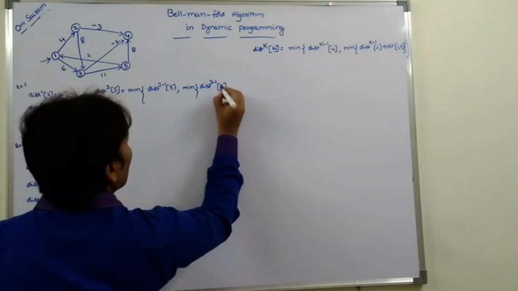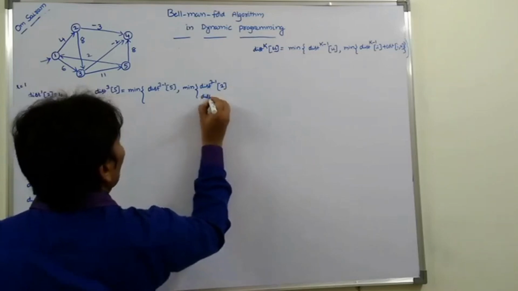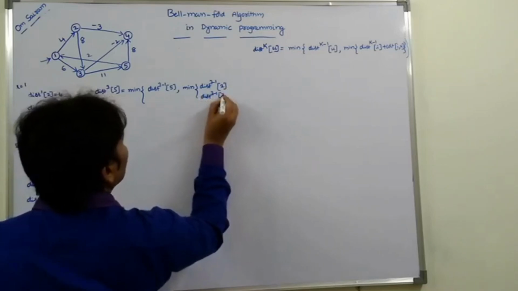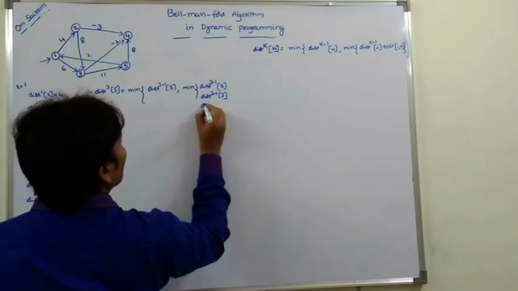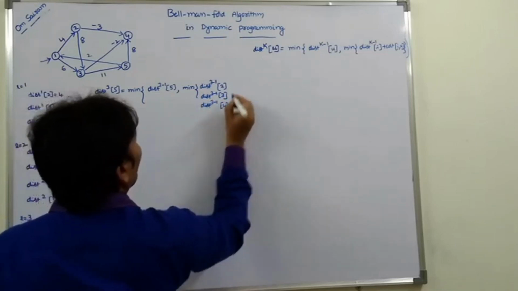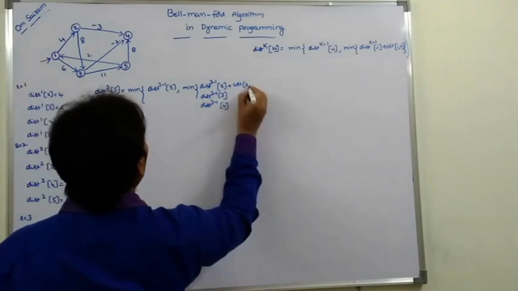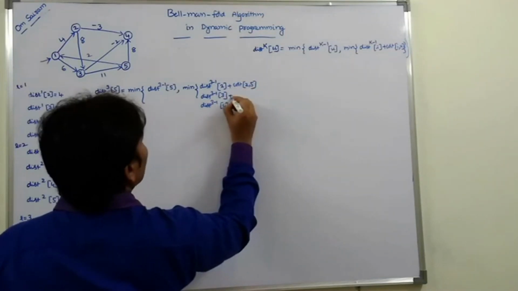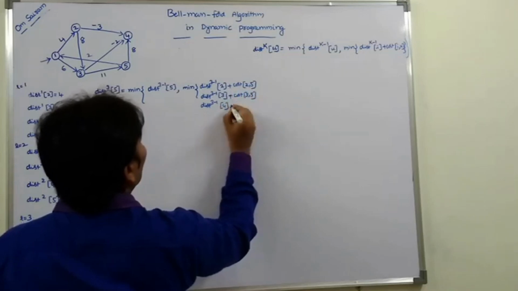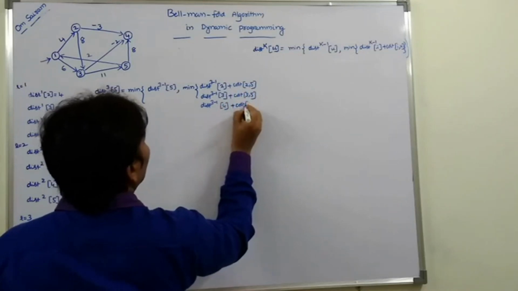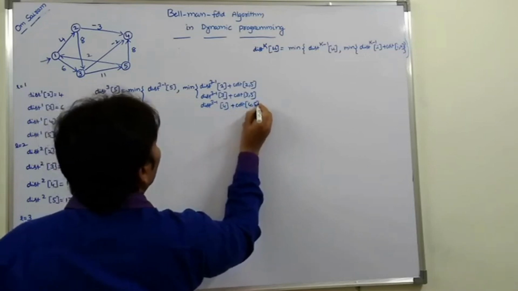So this is i value 2, i value 3, i value 4 plus cost of i comma u: 2 comma 5 plus cost of 3 comma 5 plus cost of 4 comma 5.